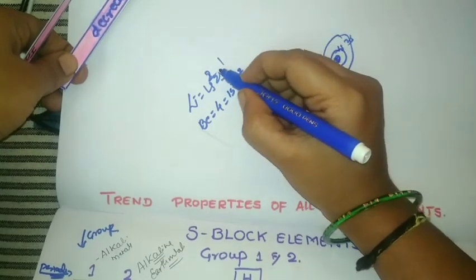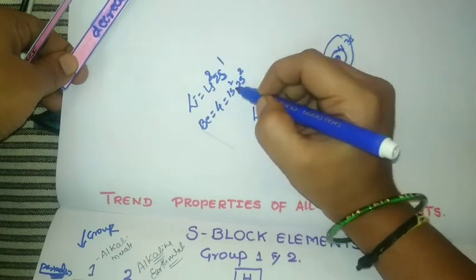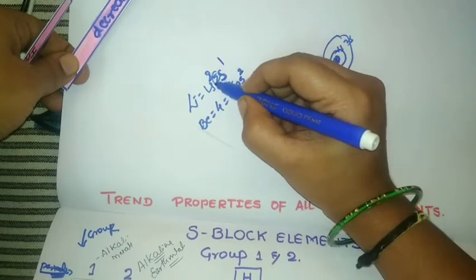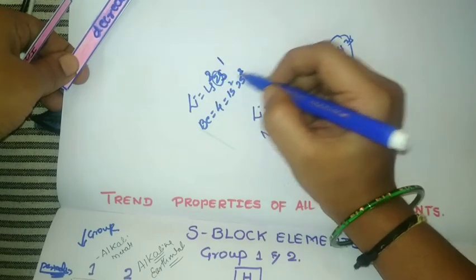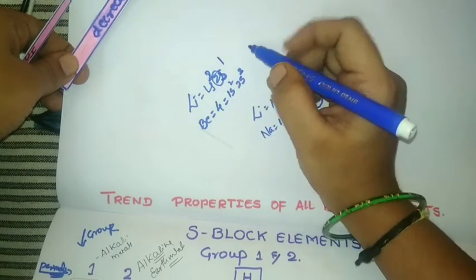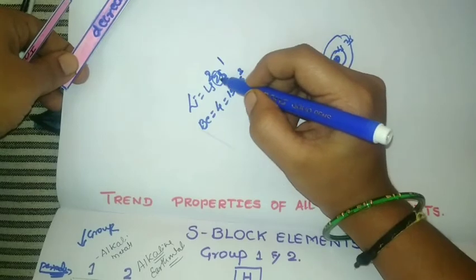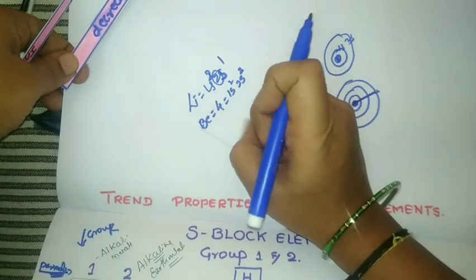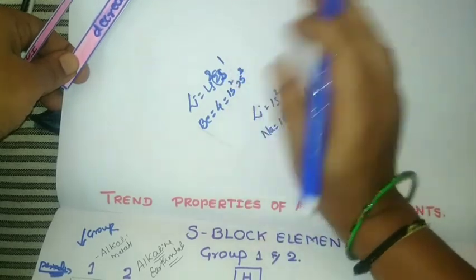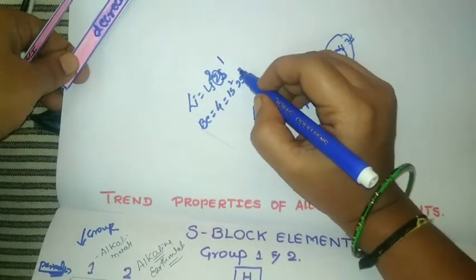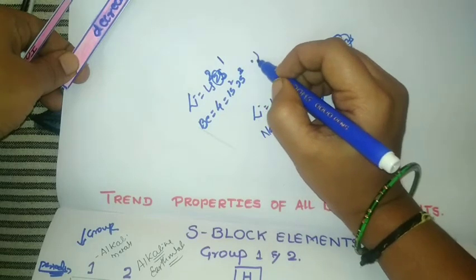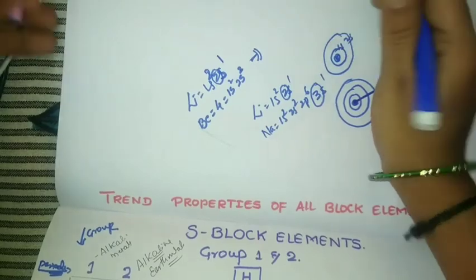Here 2s1 becomes 2s2, meaning one extra electron enters the same second shell. Obviously the force of attraction increases. The size does not increase because the electron enters the same shell, so the attraction between the nucleus and the outermost orbit increases, and the size decreases.